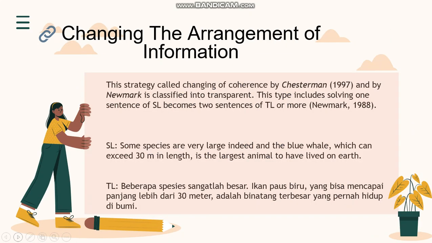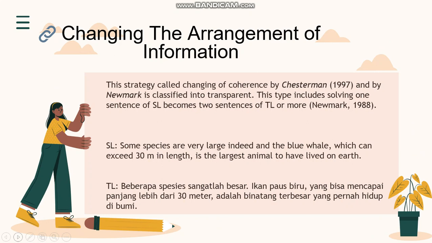Alright, next, the fourth translation strategy is changing the arrangement of information. This strategy is called changing of coherence by Chesterman, 1997, and by Newmark is classified into transparent. This type includes splitting one sentence of the source language into two or more sentences of the target language. Let's see the example in the source language.